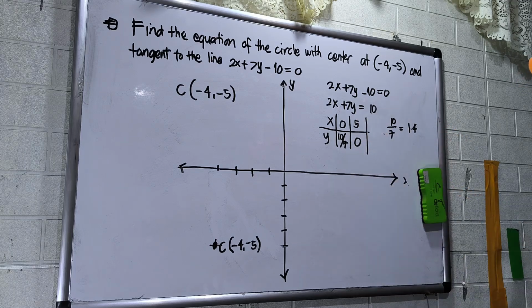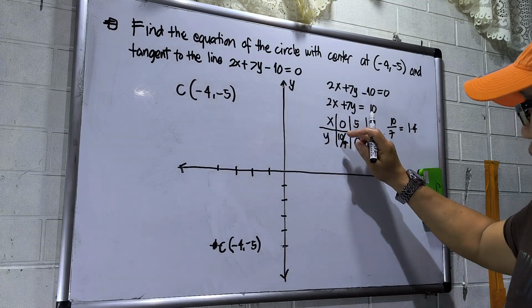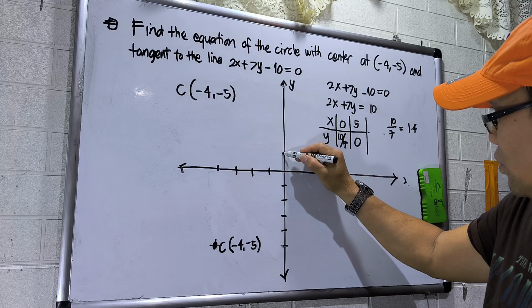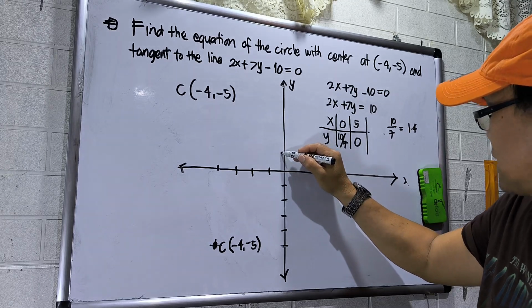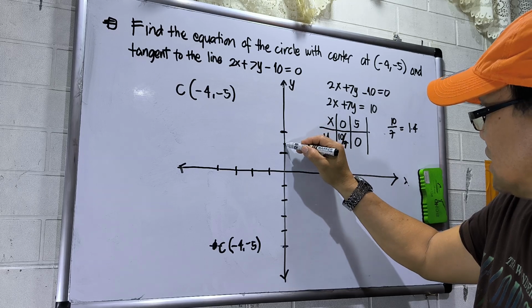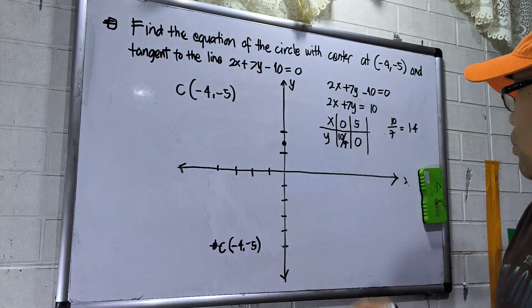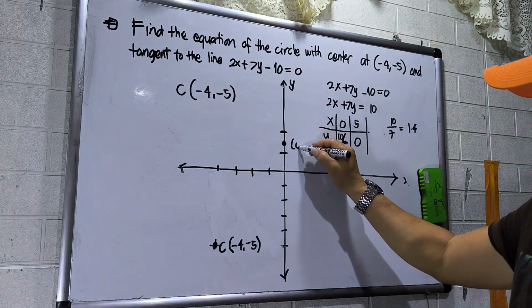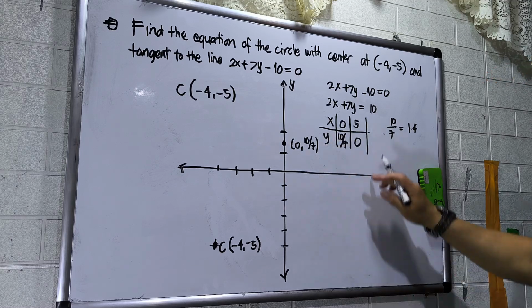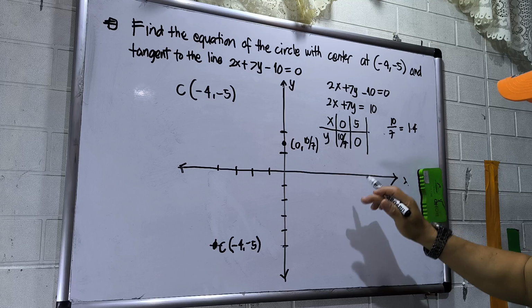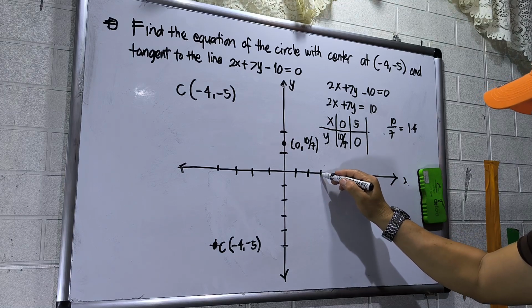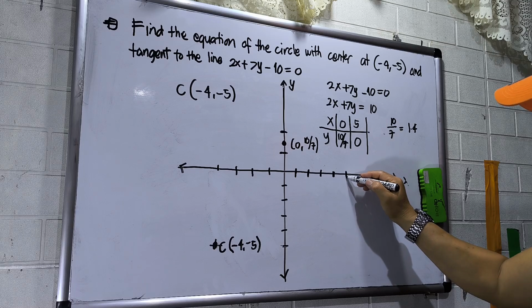So the point 0, 10/7 is located on the y-axis, estimated at 1.4. Then the other point is 5 and 0, on the x-axis.